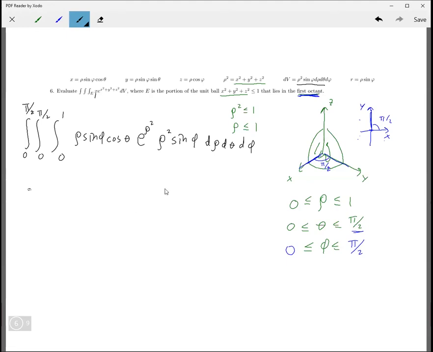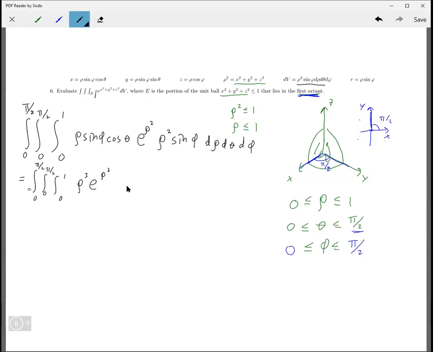Okay, so that's what we got there. Let's try to simplify this a little bit. We have a phi there, and we have a theta, and we have another phi there. So we have rho cubed e to the rho squared.